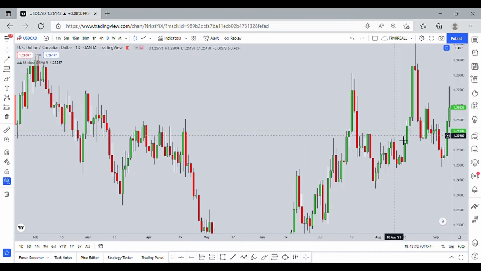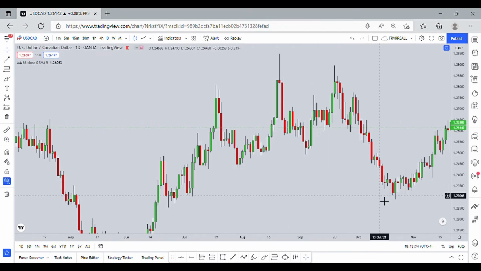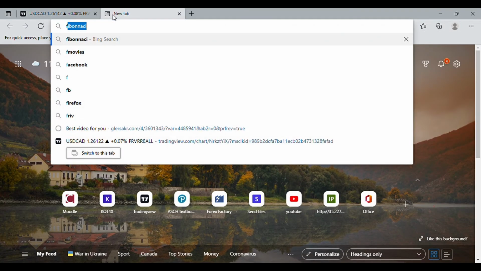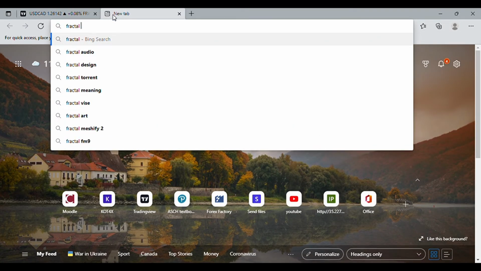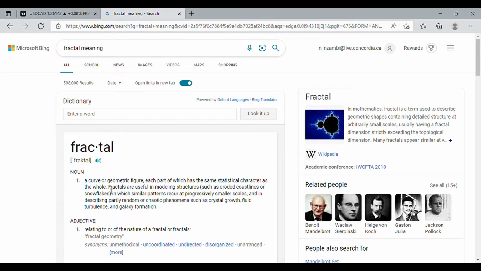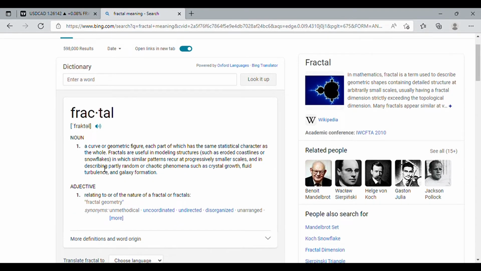Like, the markets are fractal, right? That means that, okay, let's just look up the fractal link, right? Fractal means a curve or geometric figure, each part of which has the same statistical character as the whole.